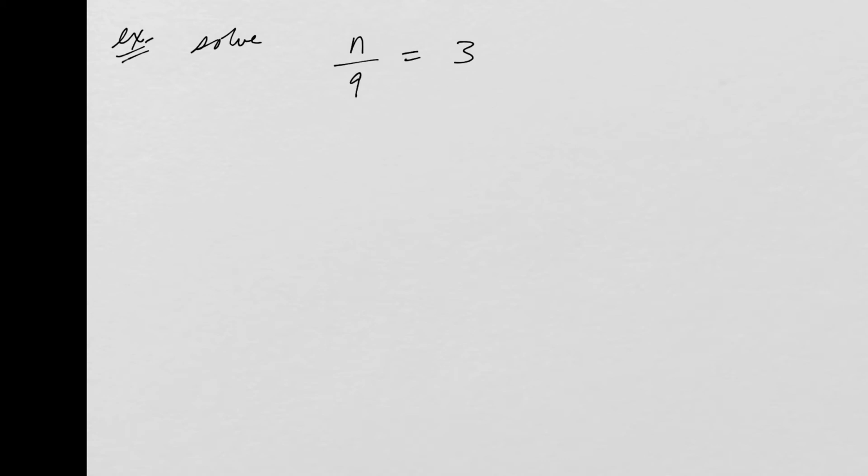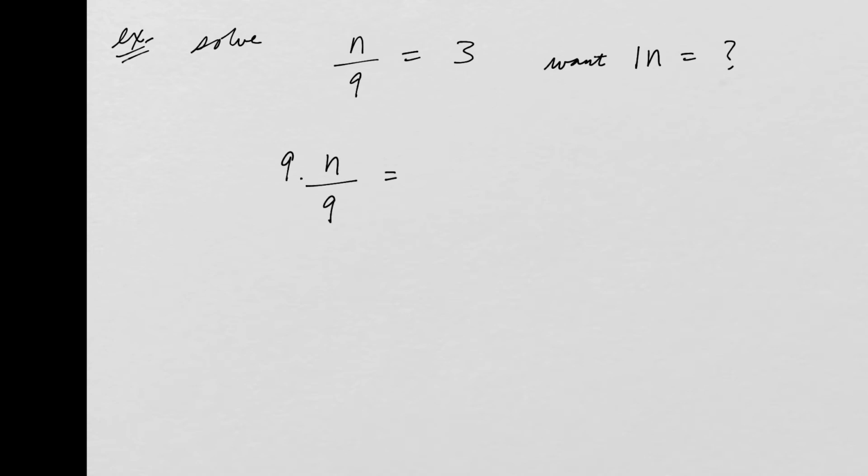Remember, the goal is to get n by itself. And by n by itself, I mean I want a 1n, right? I want like 1n, which is n, is equal to some value. And then I can read off the answer. So since n is being divided by 9, to undo the division, I can multiply by 9, right? So I can multiply the left side by 9.